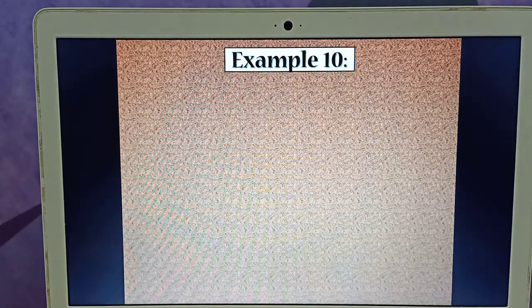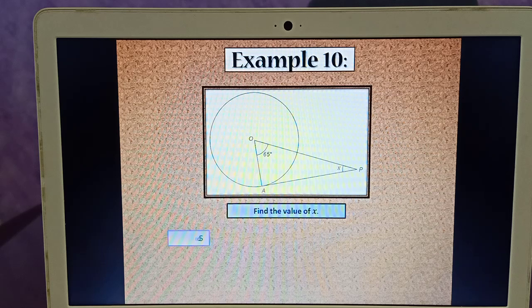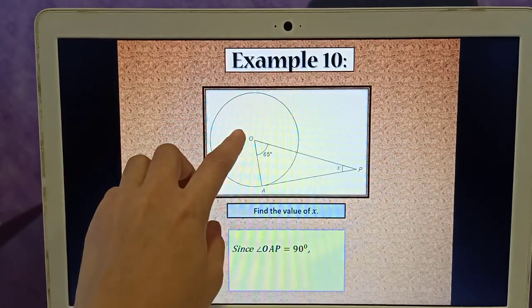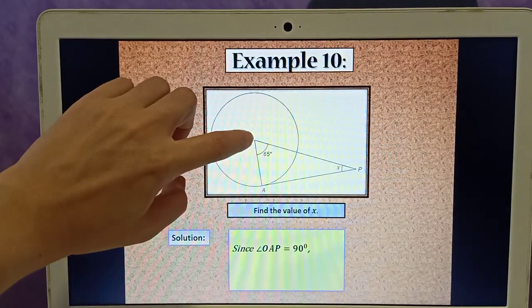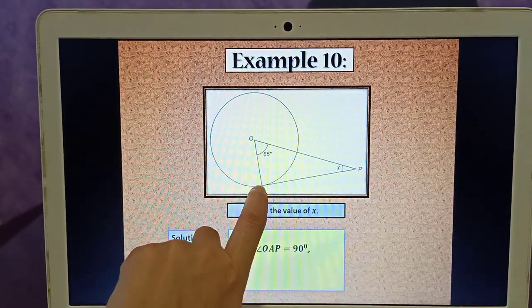For example, what is the value of x? How could we solve it? Since angle OAP is 90 degrees, you know why? Because this is radius and this is the tangent, this is the contact point.